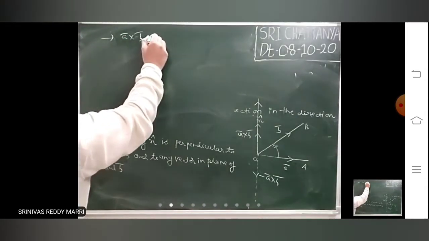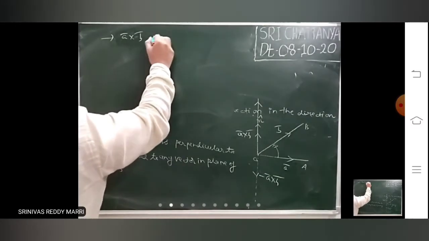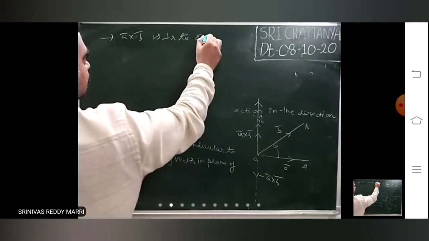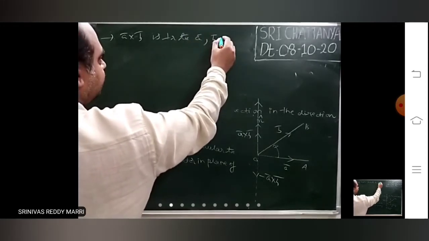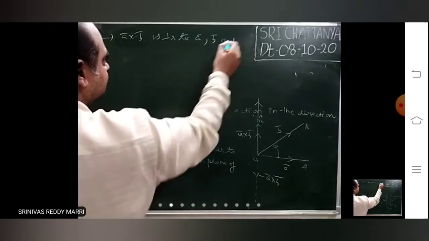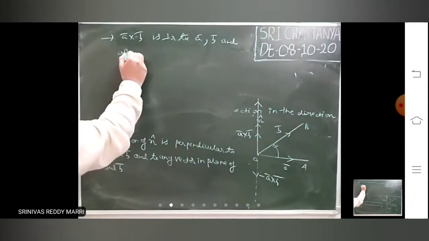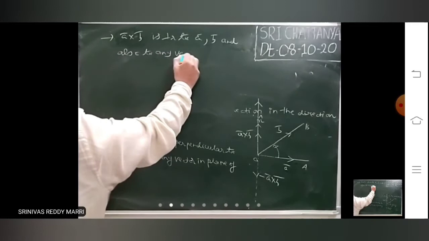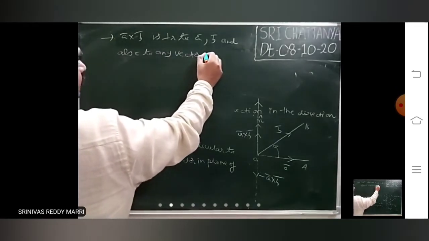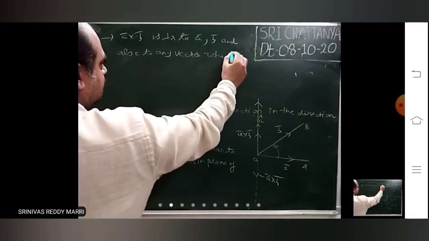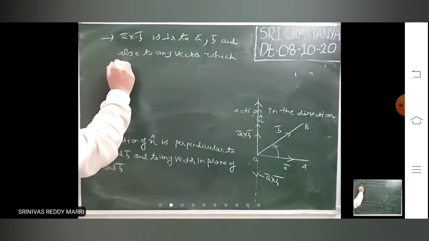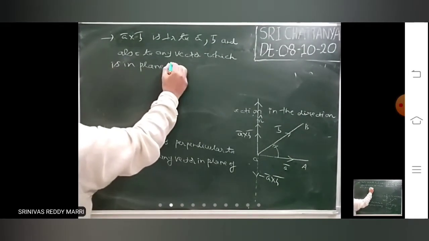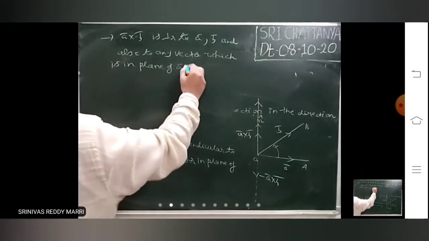A bar cross B bar is perpendicular to A bar, B bar and also to any vector which is in plane of A bar B bar.